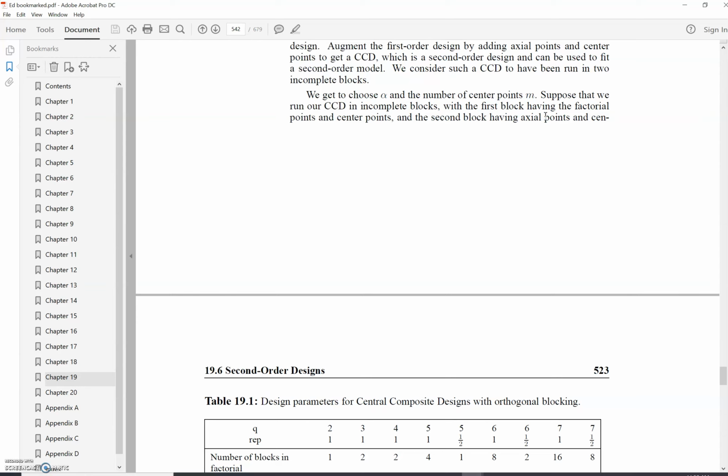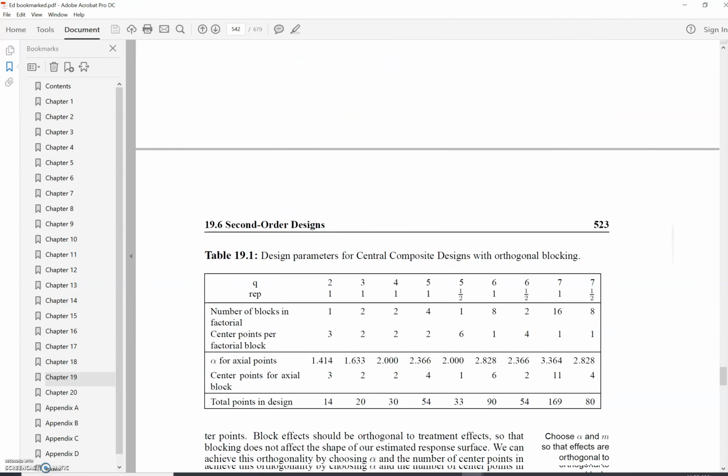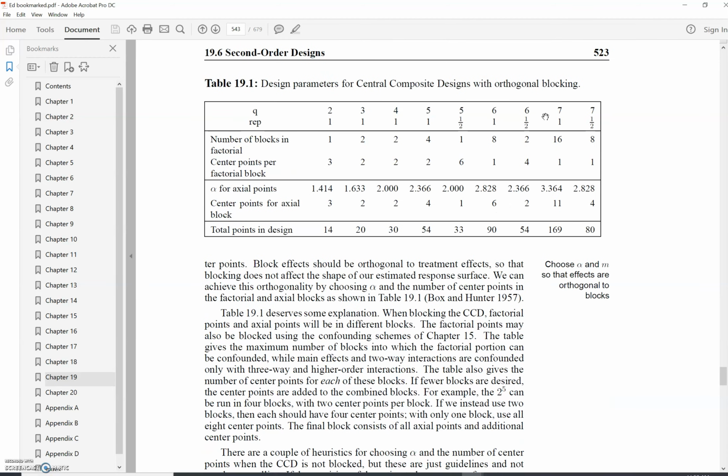And so here, if we run our CCD using incomplete blocks, where the first block has the factorial points and then the center points, then the second block will have the axial points and the center points. So for example, you can see here our center points are 3.